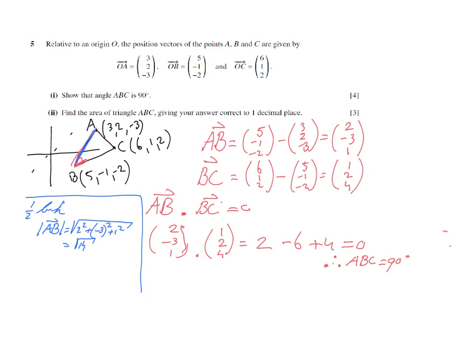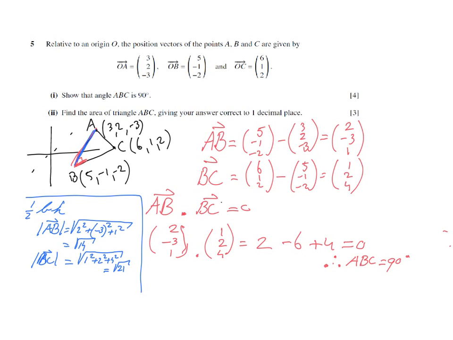And what about BC? Again, those are the two lengths that create a perpendicular angle. So what is the magnitude of BC? That will be the square root of 1 squared plus 2 squared plus 4 squared, 16, 20, 21. So the square root of 21. How do we find the area of the triangle?